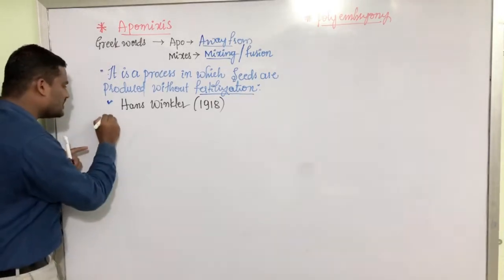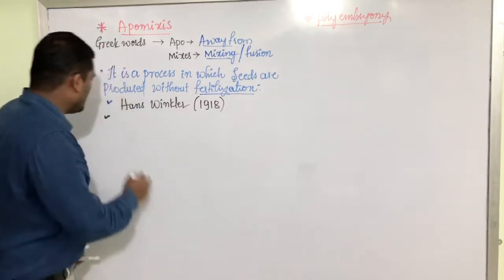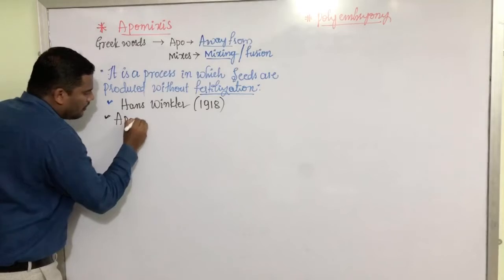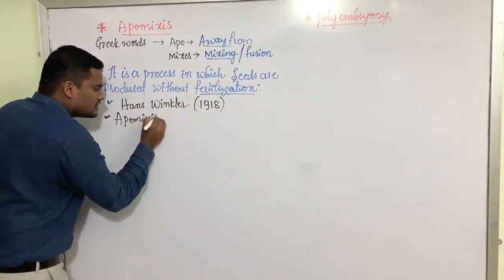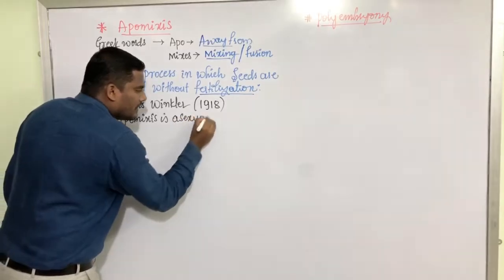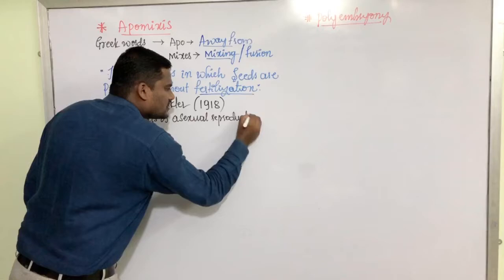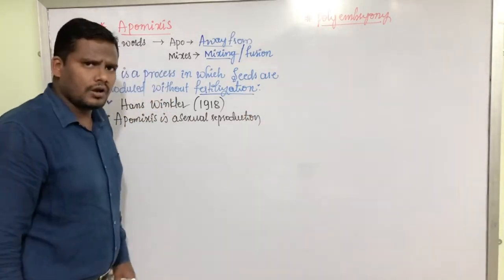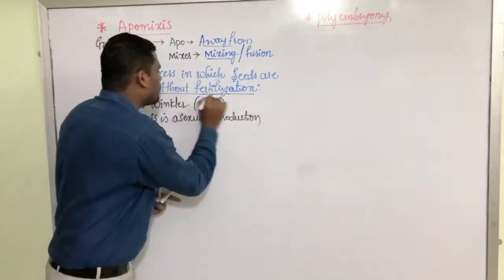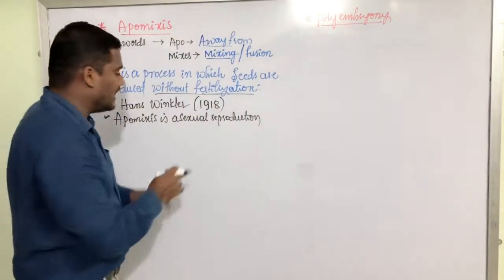And this apomixis is not sexual reproduction, my dear friends. Apomixis is asexual reproduction. Why is it not sexual reproduction? Because there is no fertilization here. Without fertilization, that is why it is asexual reproduction.